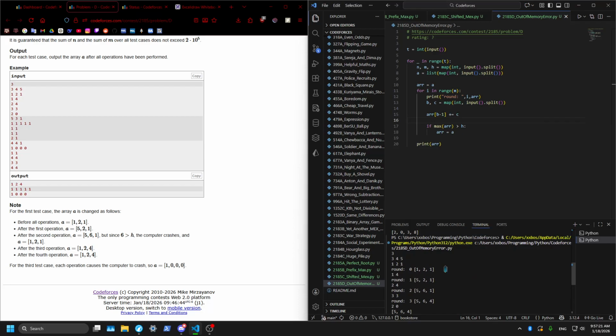Round 0. 1, 2, 1. 1, 4. 5, 2, 1. 5, 6, 1. So it should go in here. You reset it. Where's max R? Max R is 6. H is 5.